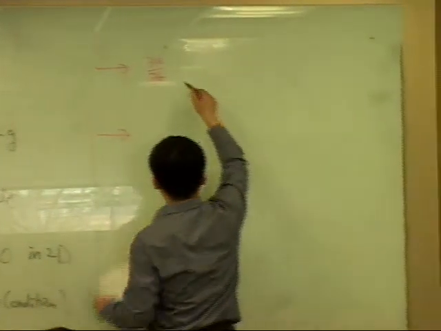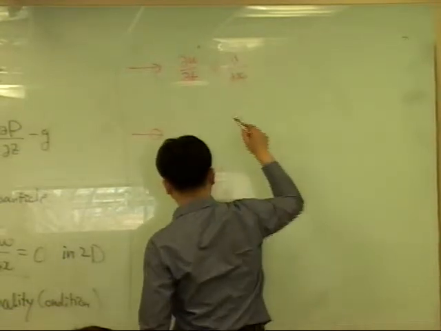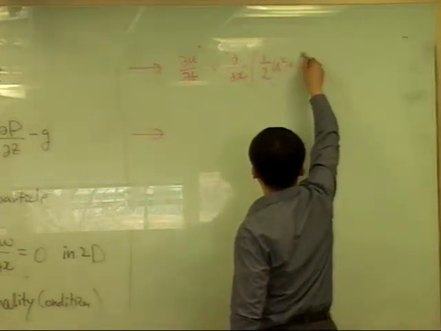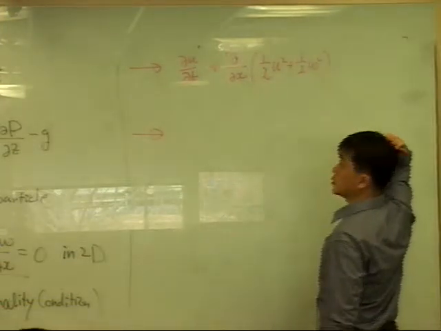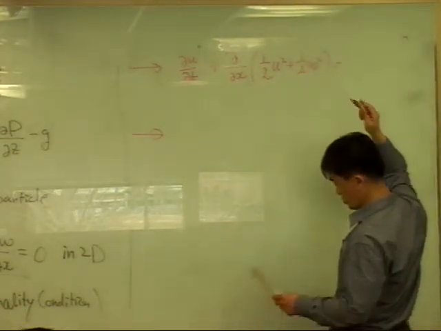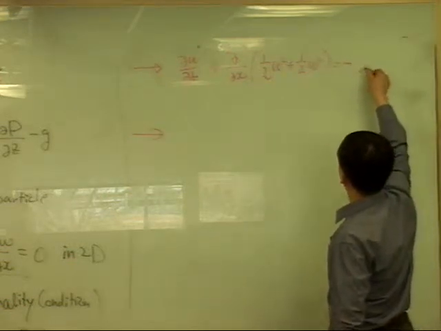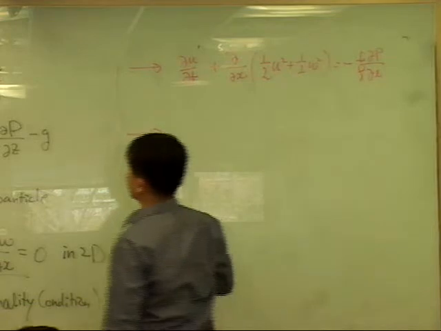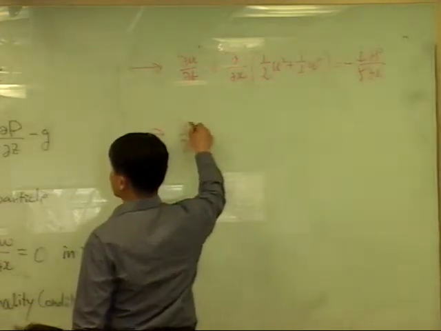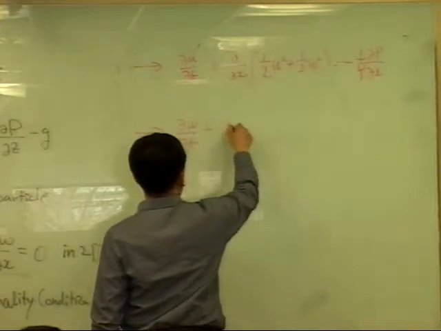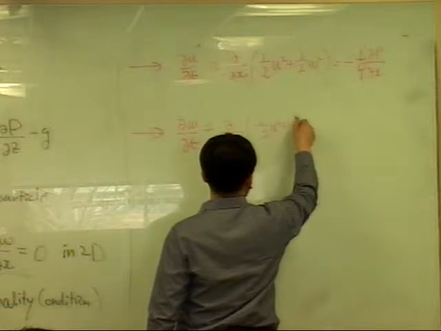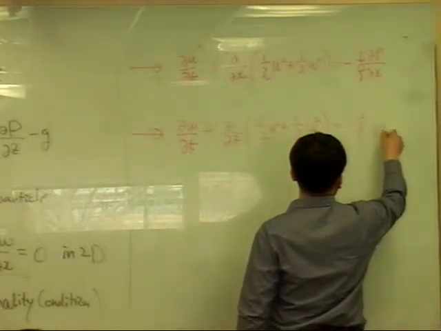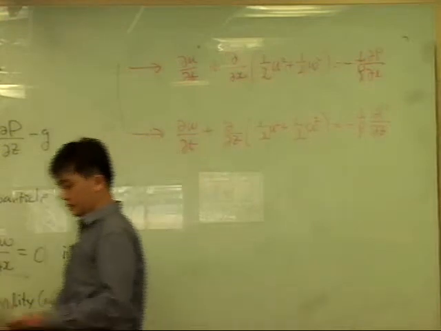u plus one over two u square plus one over two w square equals minus, and the second one, we got this equation.